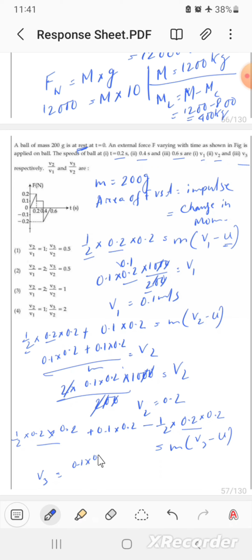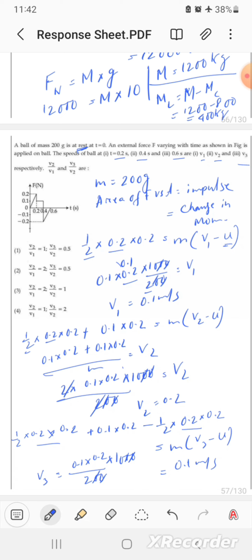So v3 will be 0.1 into 0.2 by m, meaning 200 by 1000, and 1000 goes in the numerator. Two zeros will be cancelled out. So finally we will get 0.1 meter per second after simplifying.